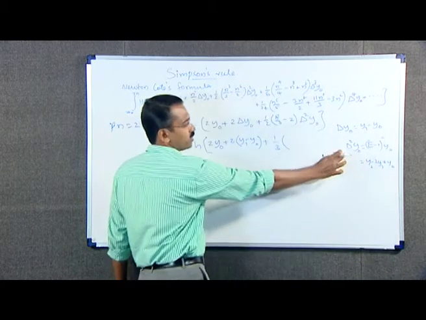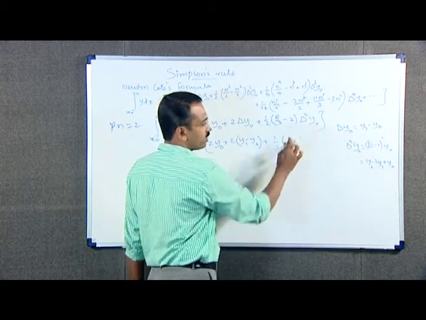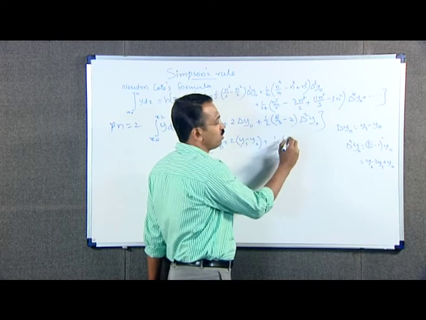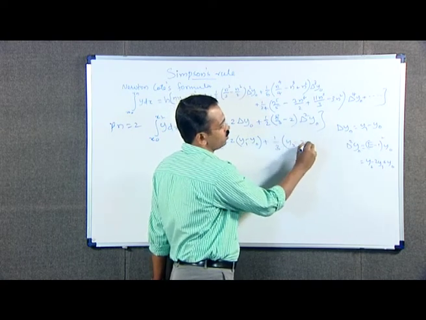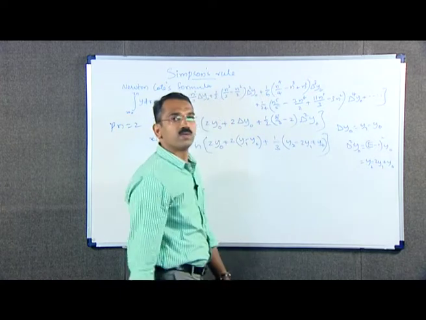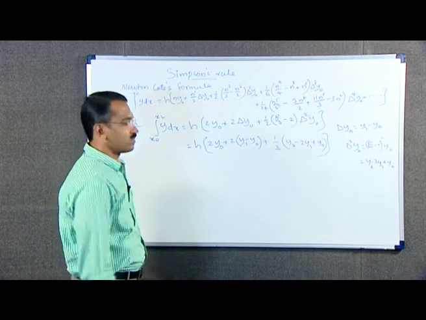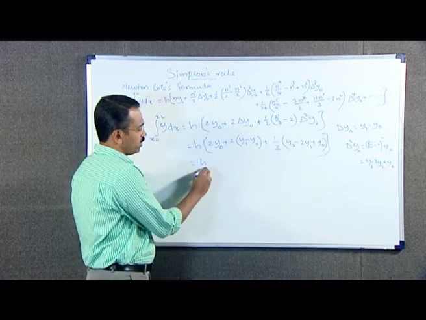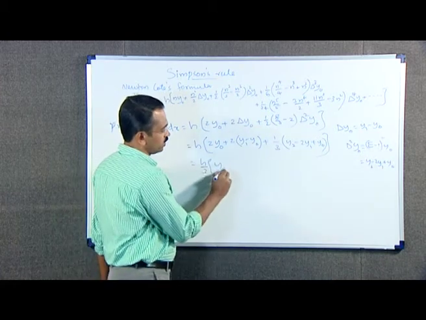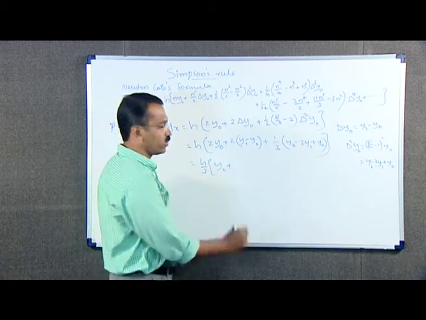Therefore, we substitute the value of delta squared y0 here, and this term becomes 1 by 3 into (y2 minus 2 y1 plus y0). This is equal to, on simplification, h by 3 into (y0 plus 4 y1 plus y2).